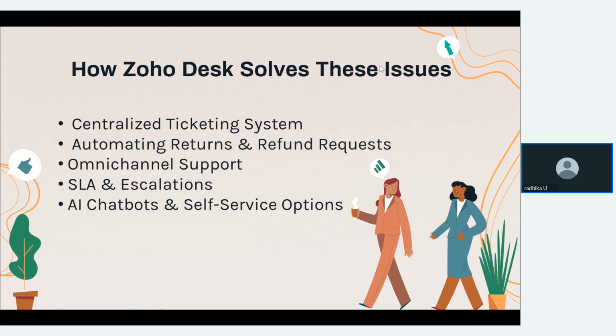If we have analytics for these things, then we can definitely reduce the number of times these issues arise, right? So we can have an analytics bot as well. These are all the special features in Zoho to solve these issues.